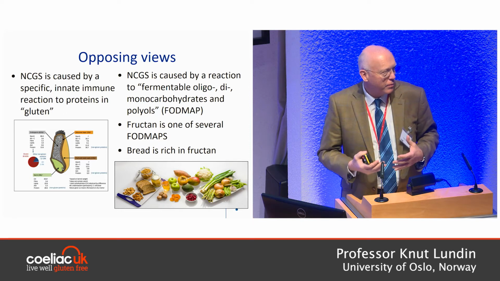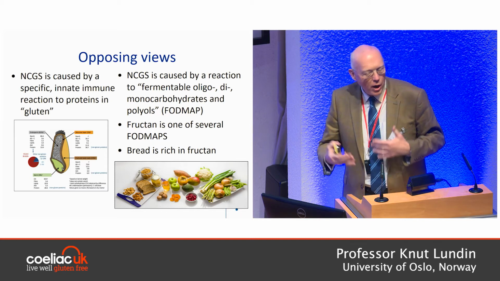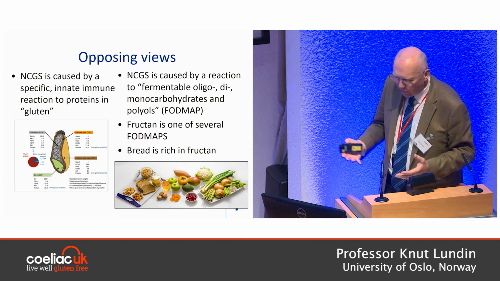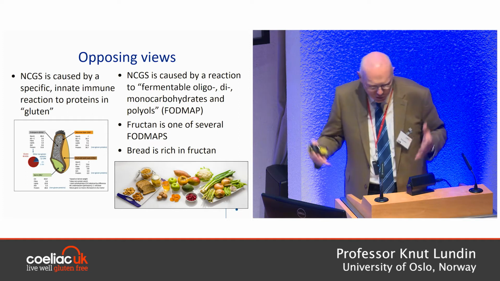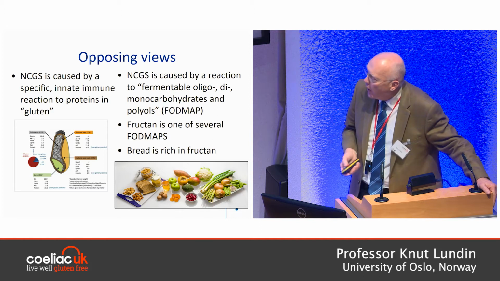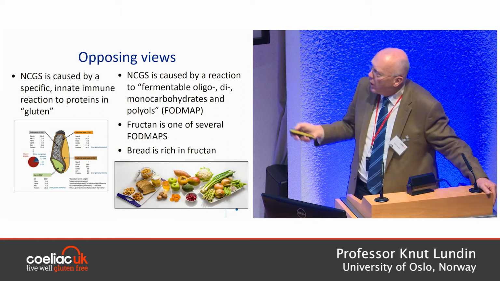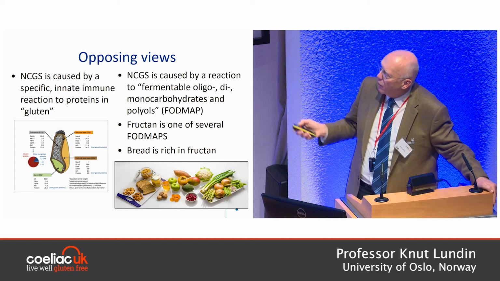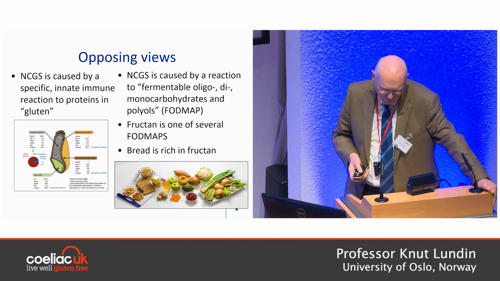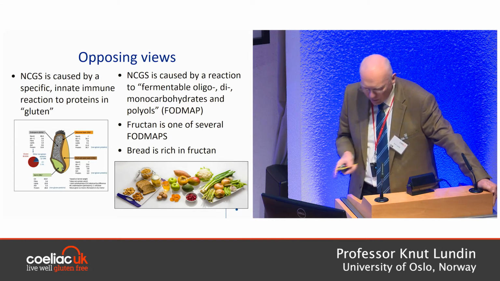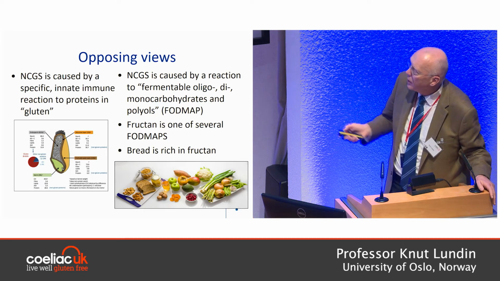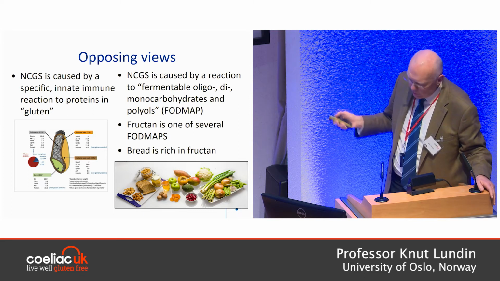Innate immune response means it's the kind of immune system that recognizes bacteria, for instance, other danger models. It's not adaptive, so it's not learning. It's a fast response. So it should be an innate immune reaction to proteins in gluten, something in the cereal. Maybe it's gluten, maybe it's something similar. Amylase trypsin inhibitor has been mentioned. Maybe it is.